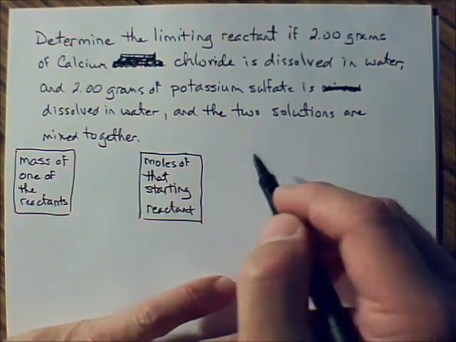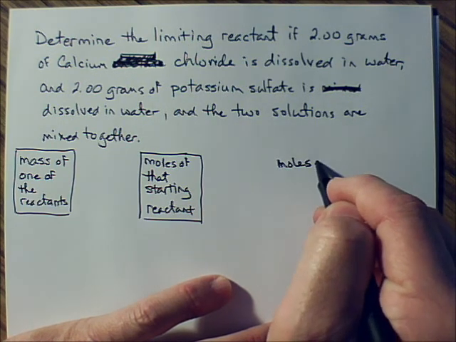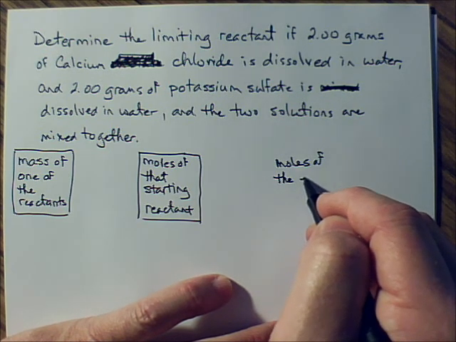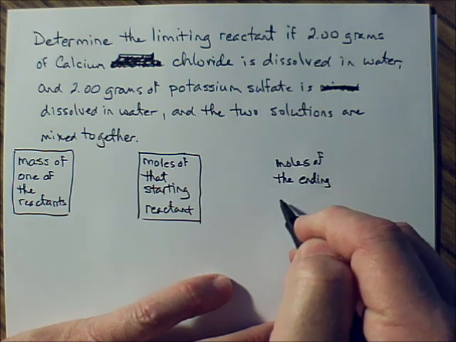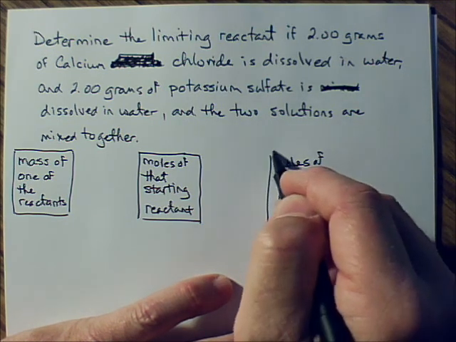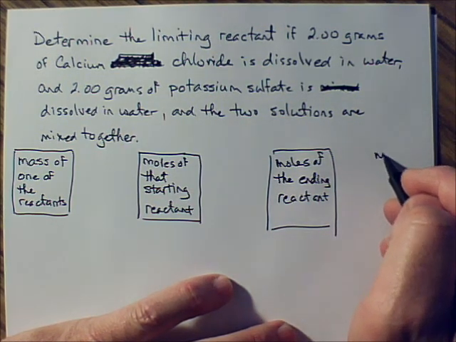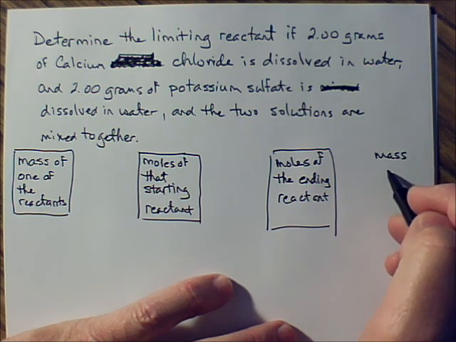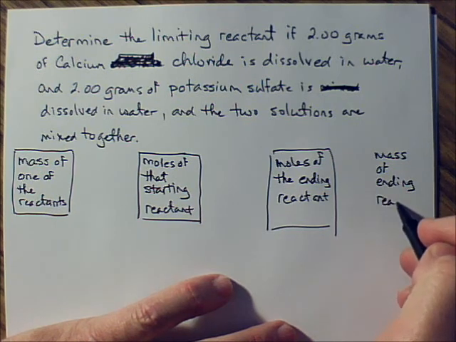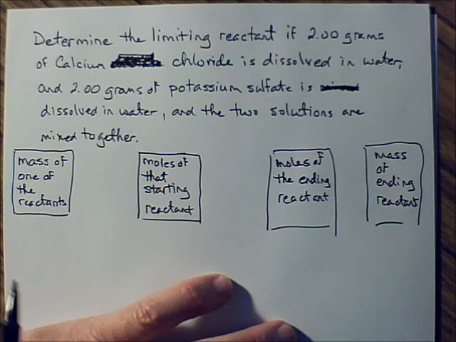From the moles of that starting reactant, you've got to find the moles of the ending reactant in the problem, whatever that is in the end of your problem. And finally, you want to have the mass of the ending reactant. So those are the steps you're going to go through.